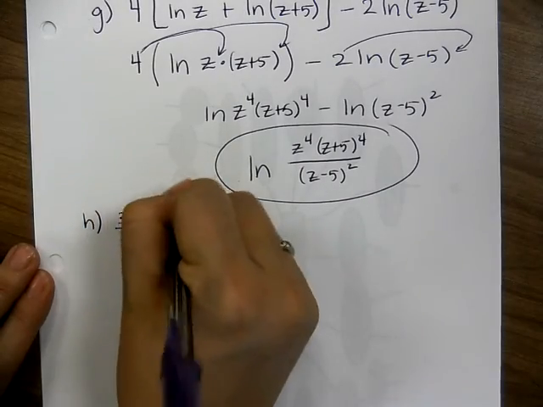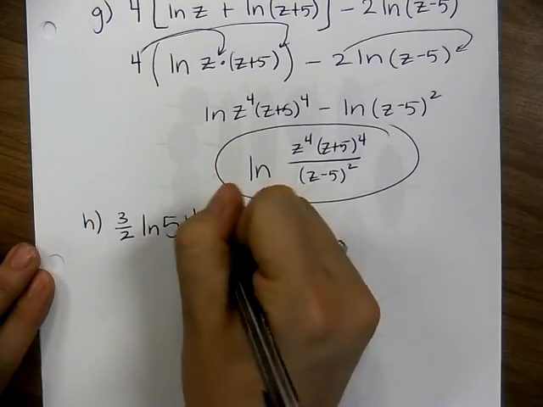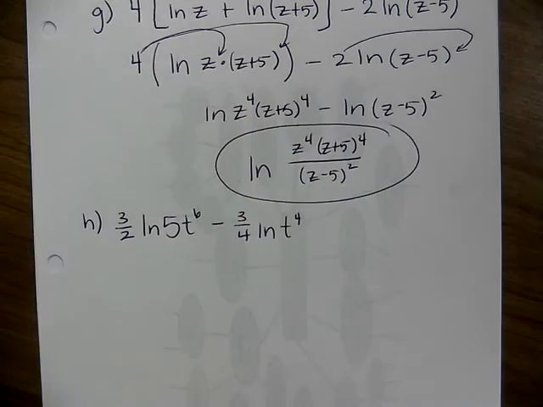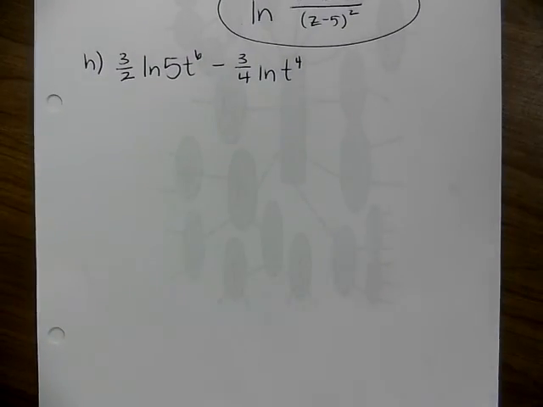3/2 natural log of 5t to the 6th minus 3/4 natural log of t to the 4th. I would like to deal with these exponents first.